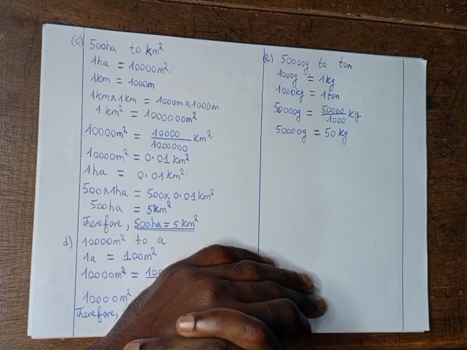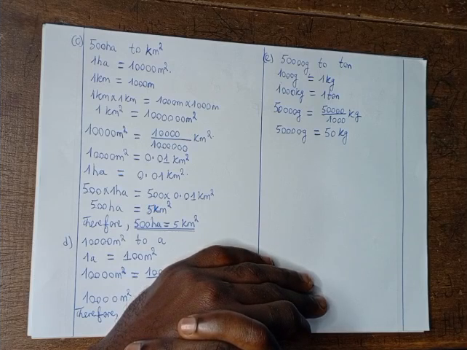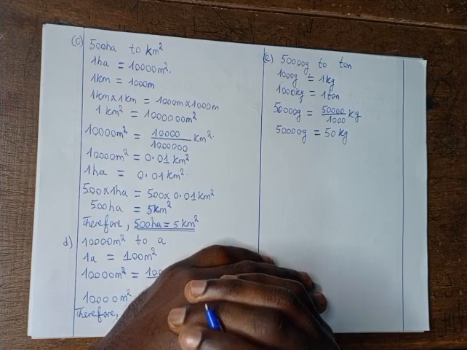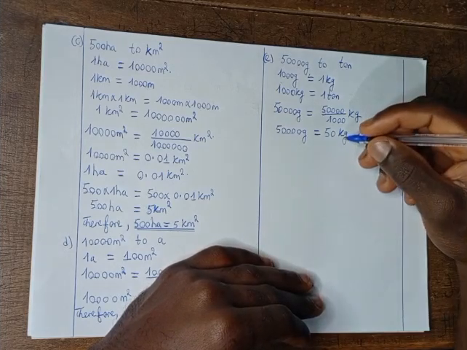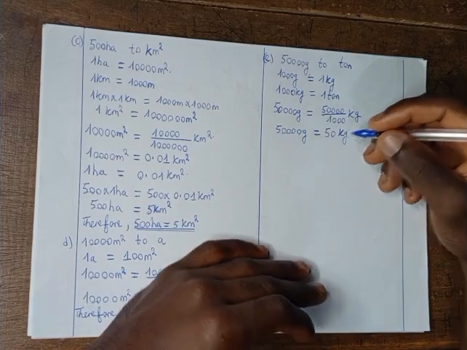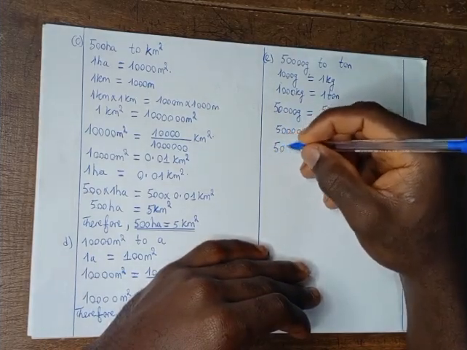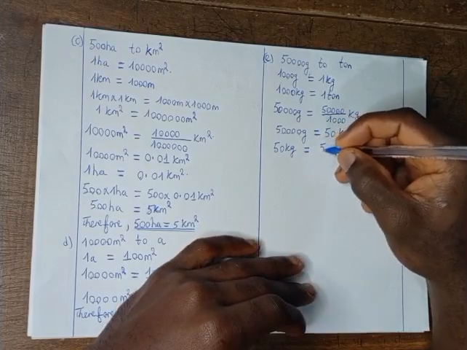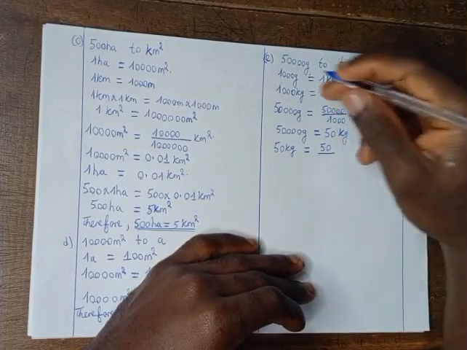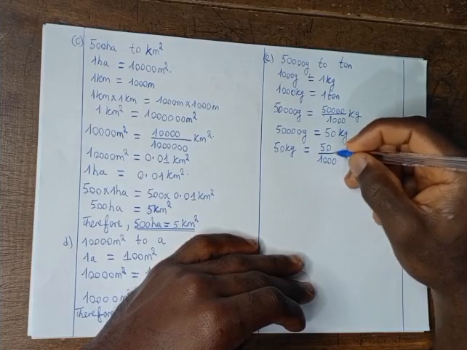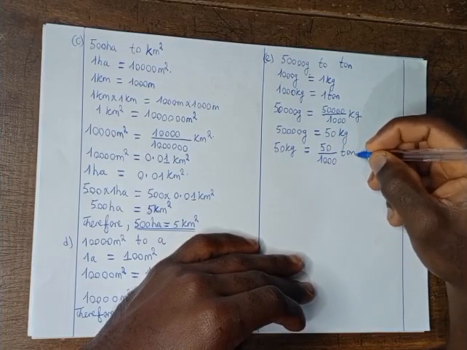Next, now we need to convert the 50 kilograms to tons. We are converting from a smaller unit to a higher unit. We know kilogram is a smaller unit when you compare kilograms to tons. Converting 50 kilograms to tons, we are simply going to divide 50 by 1,000. Then the unit will simply be ton.